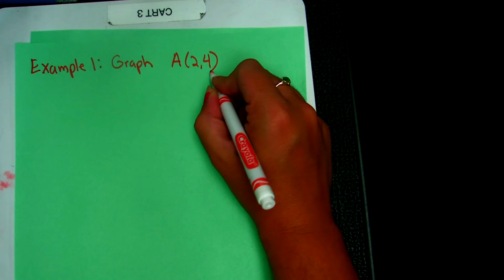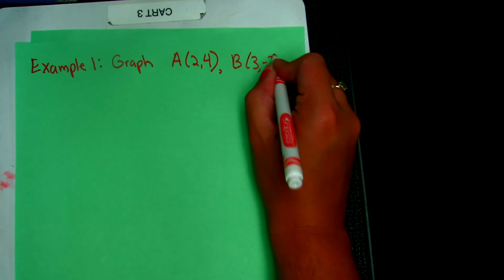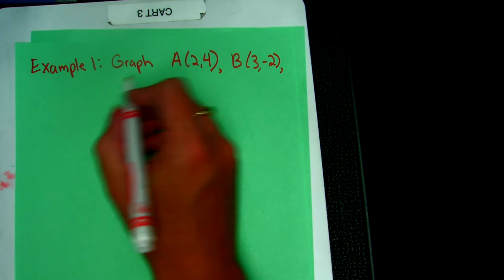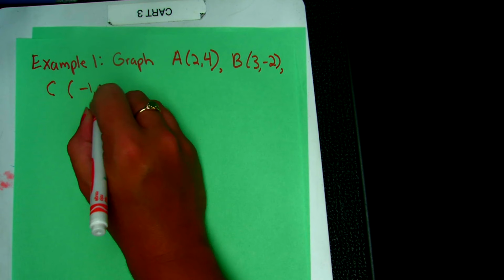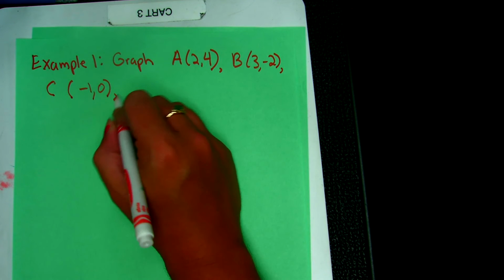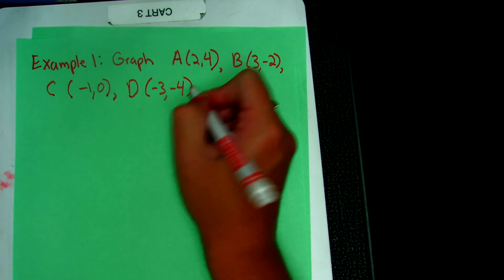And then graph B, which is (3, -2). Then graph C, which is (-1, 0). And then graph D, which is (-3, -4). So we need to graph those points.